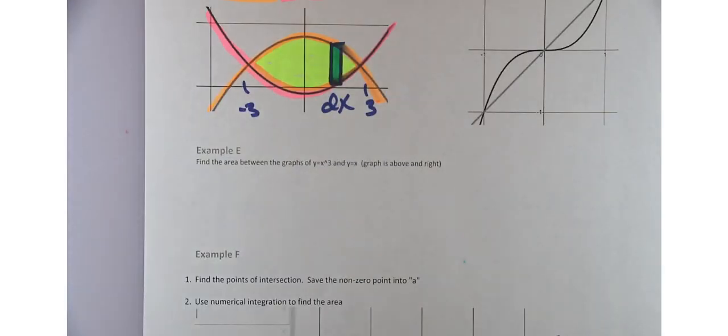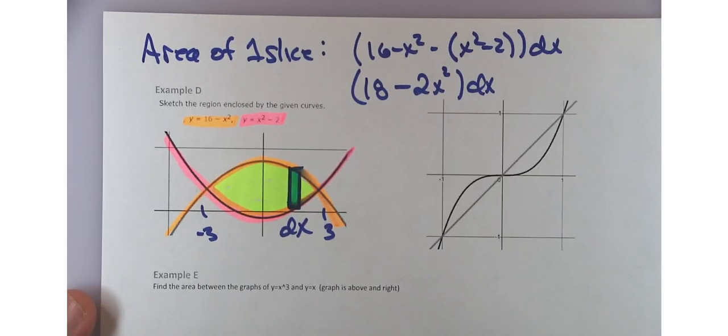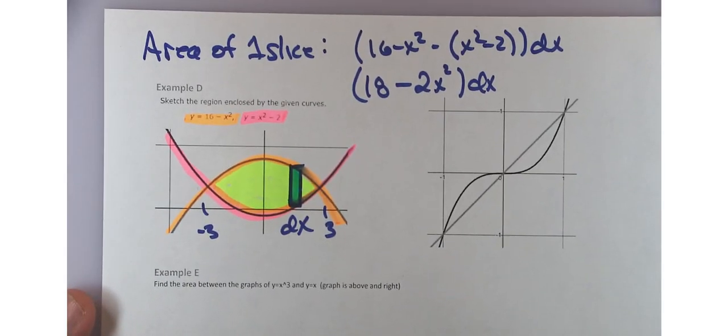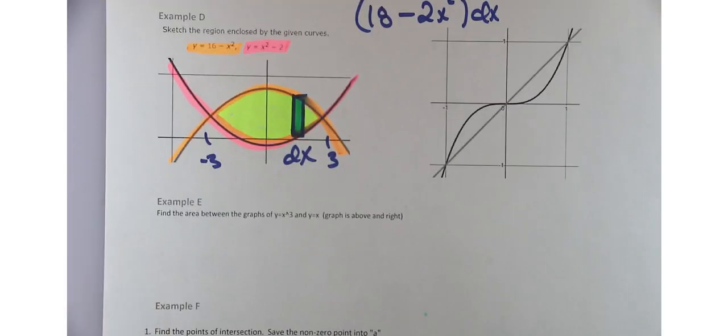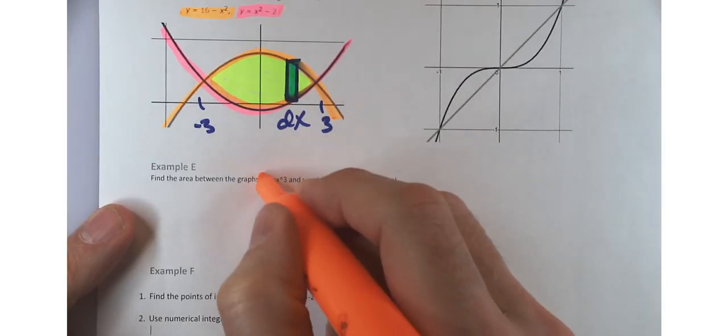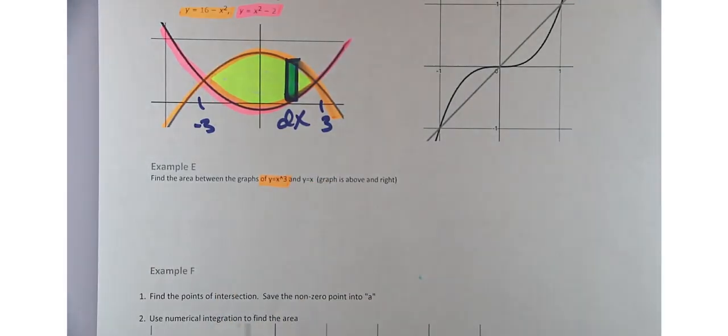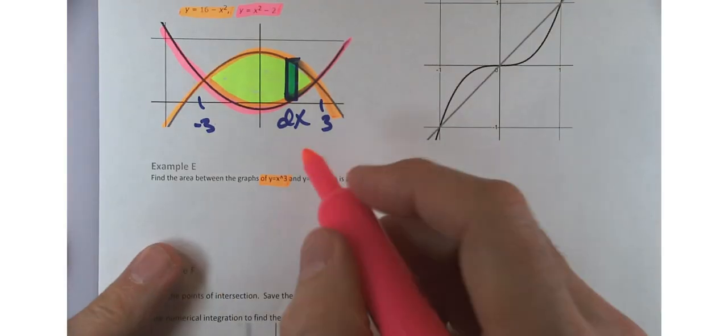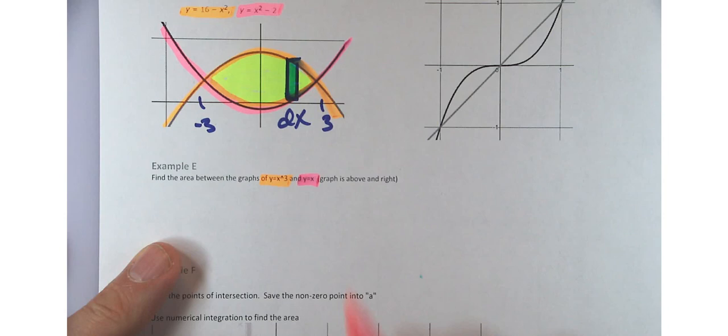Okay, looking good on example D. Let's try example E here. I want to find the area between these two curves. The first of which is y equals x cubed. Second, which is y equals x. And bingo.